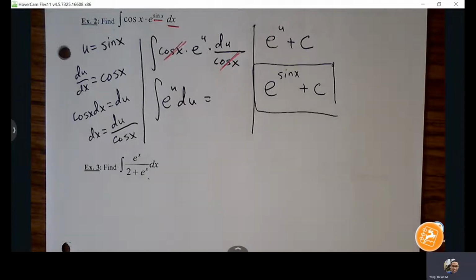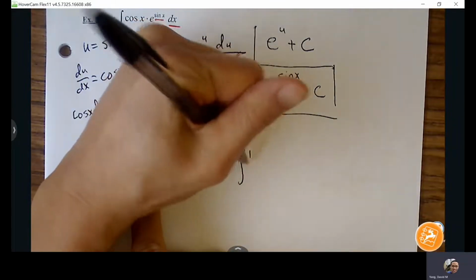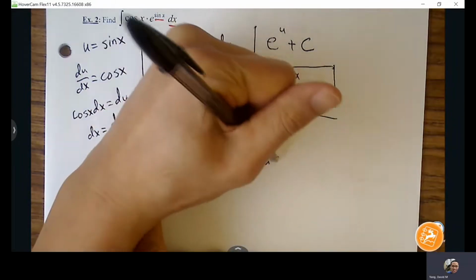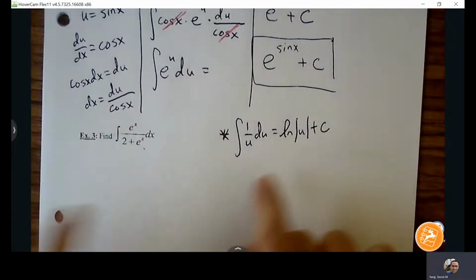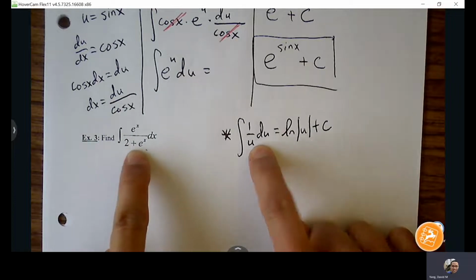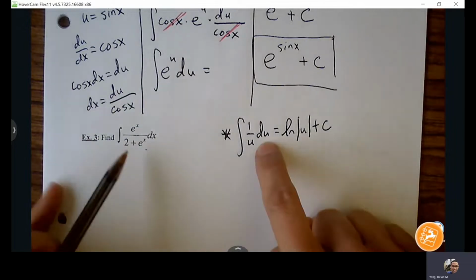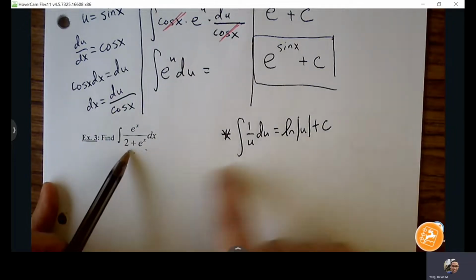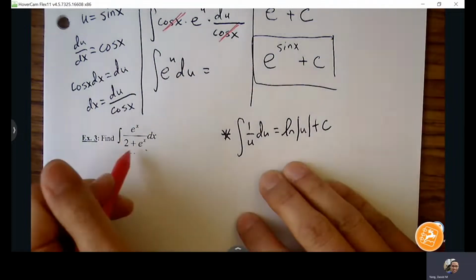Now we're targeting potentially a different rule here, the rule from yesterday. It looks like this will be a good fit for yesterday's rule, right? If we let that u value be the denominator, we're hoping that the e to the x just goes away on its own, and we can imagine that this could be a potential fit. Let's see if this works out.